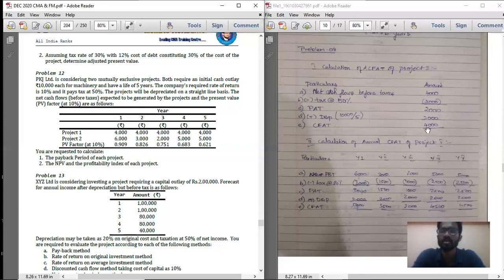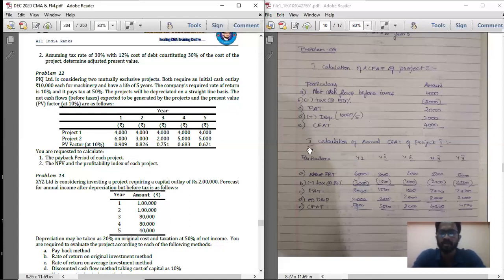So 2,000 plus 2,000, you get CFAT of 4,000. So net cash flows before tax minus tax at the rate of 50% gives profit after tax. Profit after tax plus non-cash expenses, that is depreciation, added back, gives CFAT. So CFAT for project 1 is 4,000 rupees.